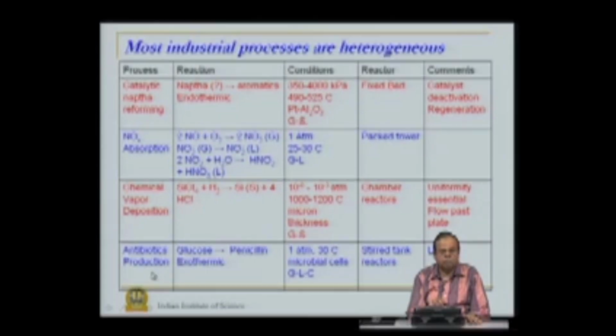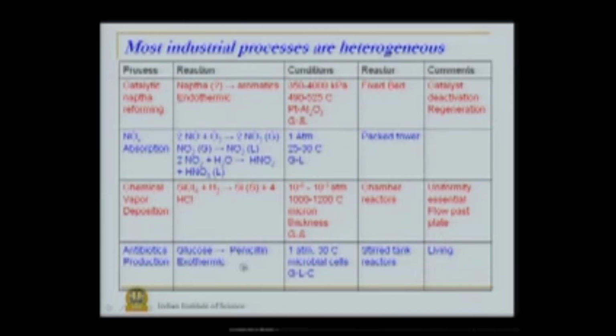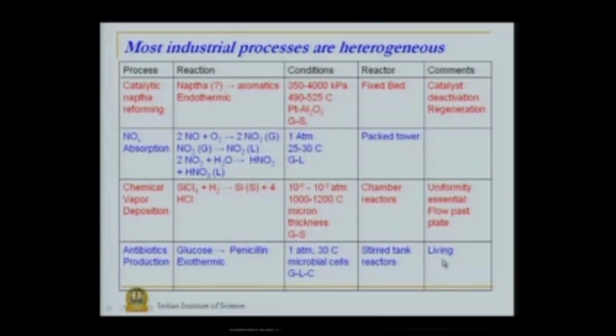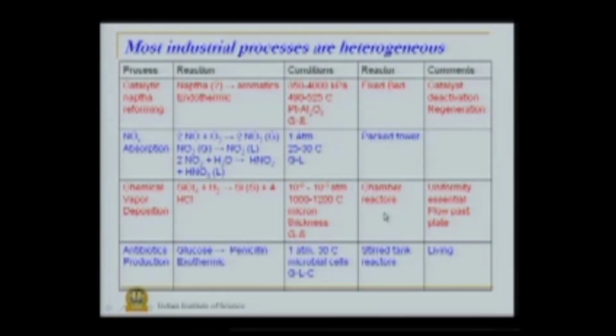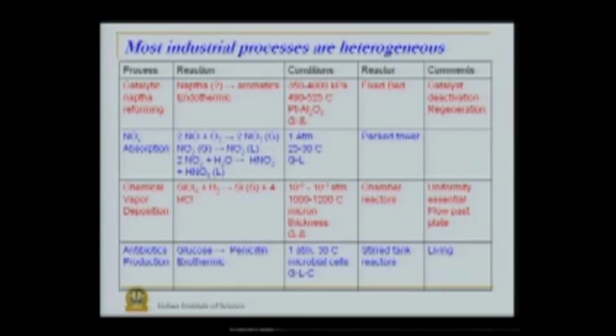And the last example is of course antibiotic production, where you start with sugar, glucose, and you get an antibiotic, penicillin, again using living cells. So, we will talk about this. The point is these are all heterogeneous reactions. There is more than one phase present, so you have gas phase and you have liquid phase.